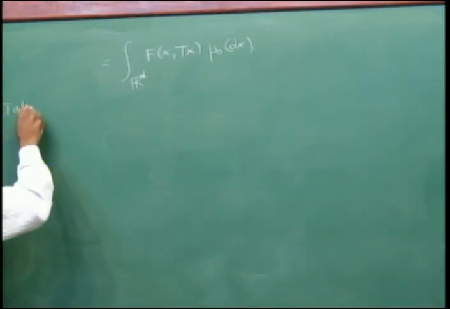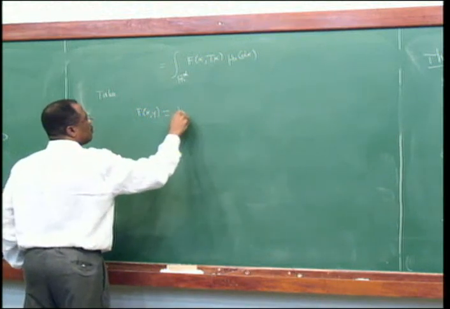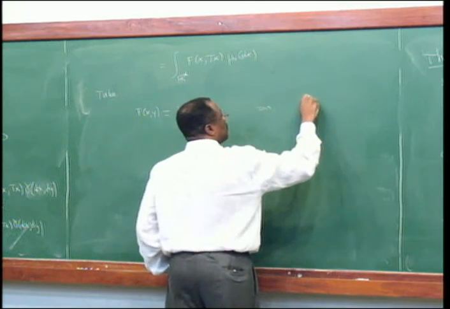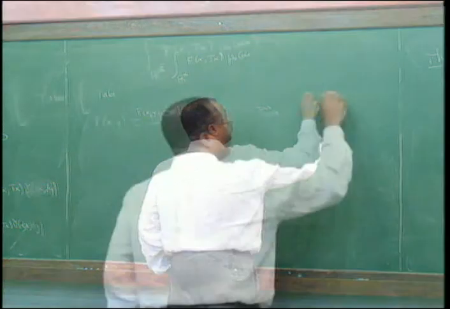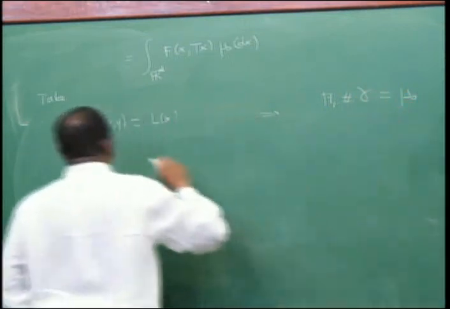Take f of x, y to be of the form L of x to get that the first marginal of gamma is mu naught.